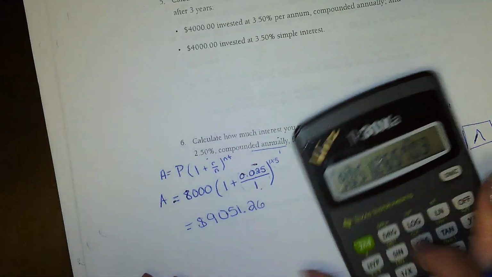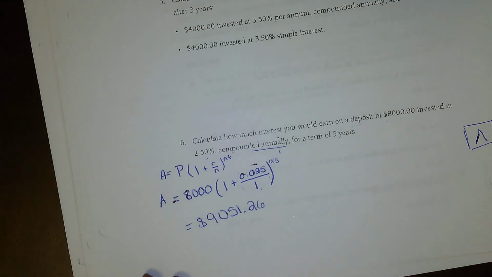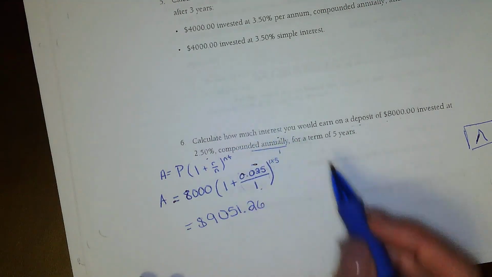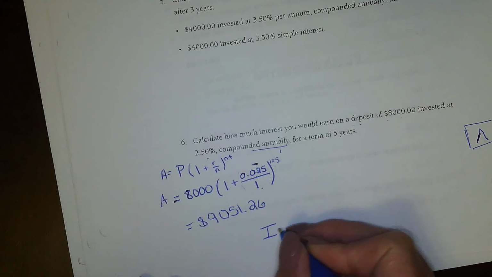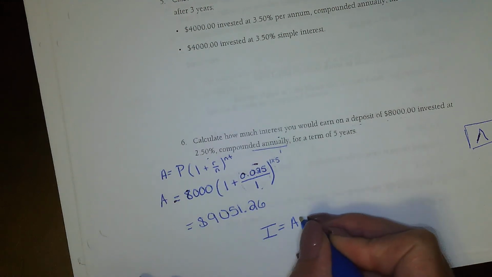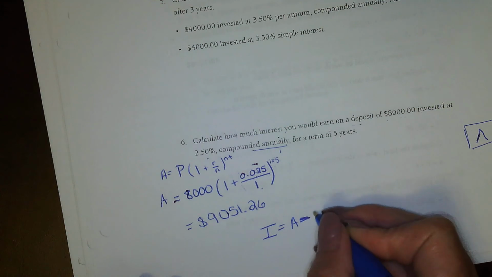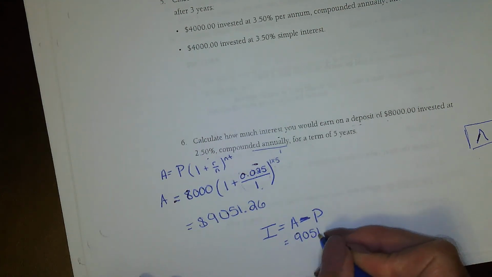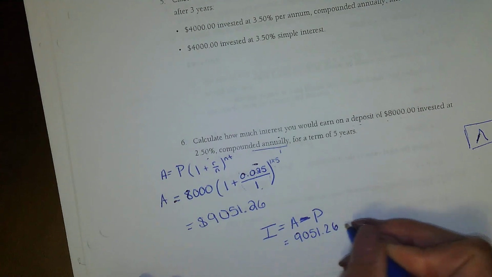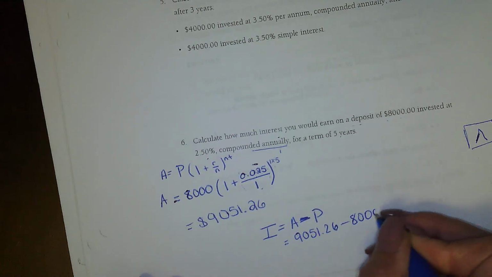$51.26. So notice that the question says how much interest is earned. Well, your interest is going to be your total value take away your principal. So $9,051.26, take away the $8,000.